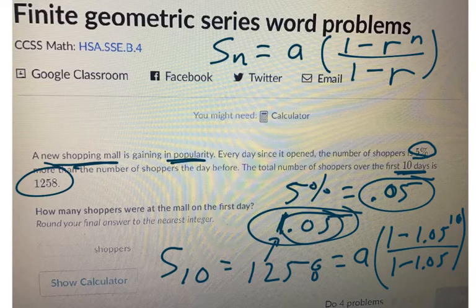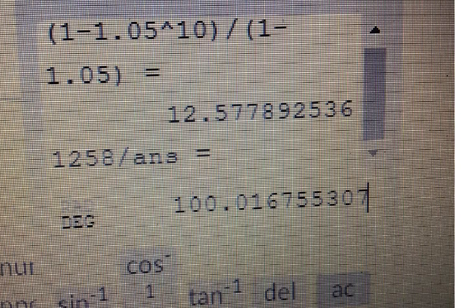Now, because I ran out of room, guys, watch carefully, because I'm going to do all the work on my calculator here. You ready? The first thing I'm going to do is all of this here in parentheses. All right? So, use your parentheses, guys, like I just did here and here. I'm going to do 1 minus 1.05 to the 10 power. Again, what did I do?